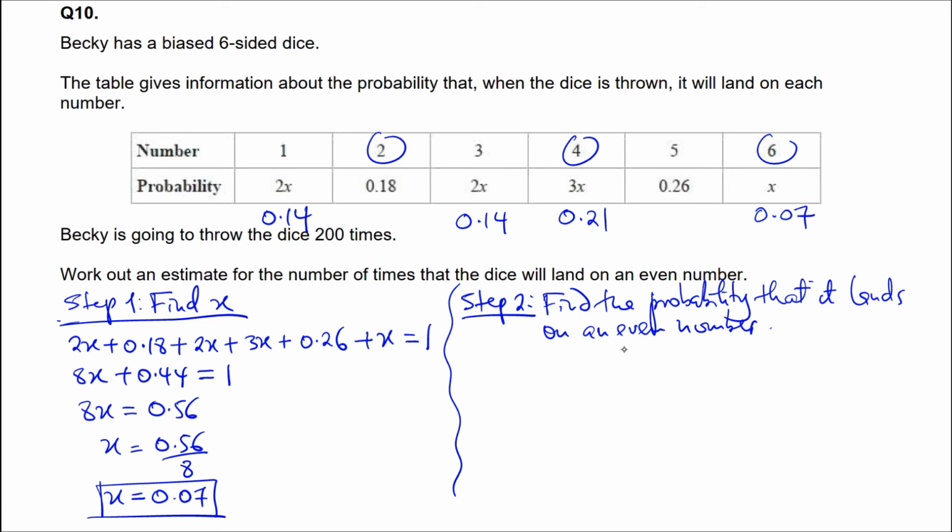So we can go ahead and work out the probability that it lands on an even number, and I've circled all even numbers. So this will be equal to 0.18 plus 0.21 plus 0.07, and that will give us 0.46.